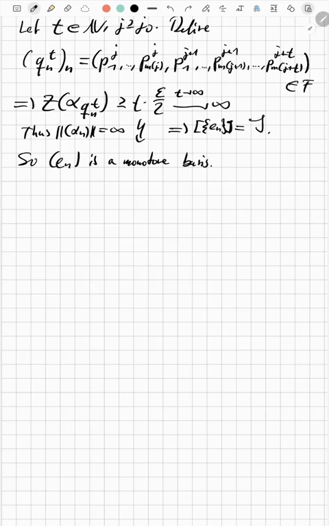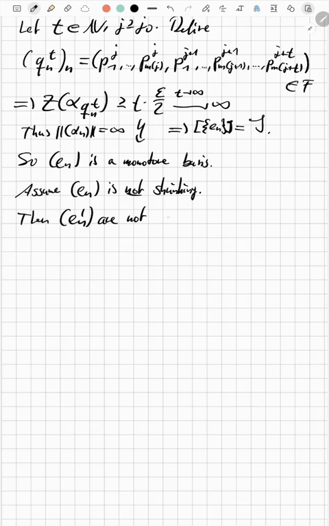What remains to be shown is that En is shrinking. So here as well, we want to assume that the contrary is true. Assume En is not shrinking. And this is the hard part. Then the coordinate functionals are not a basis of the dual space of J, because that is equivalent to being a shrinking basis.